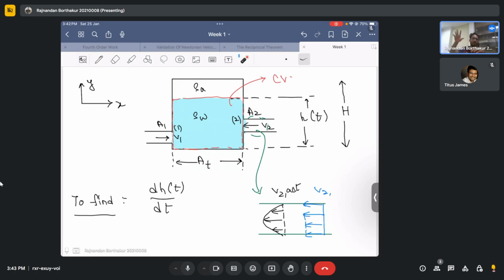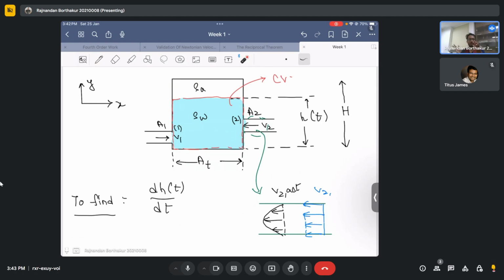You cannot say that if I choose a different control volume and some other people choose another, we'll get different answers. It's nothing like that. You can indeed show that if someone chooses a control volume which contains the water mass and the air mass, your dH/dt will still be the same, because it is invariant with the choice of control volume. This is something that I would like to clarify.